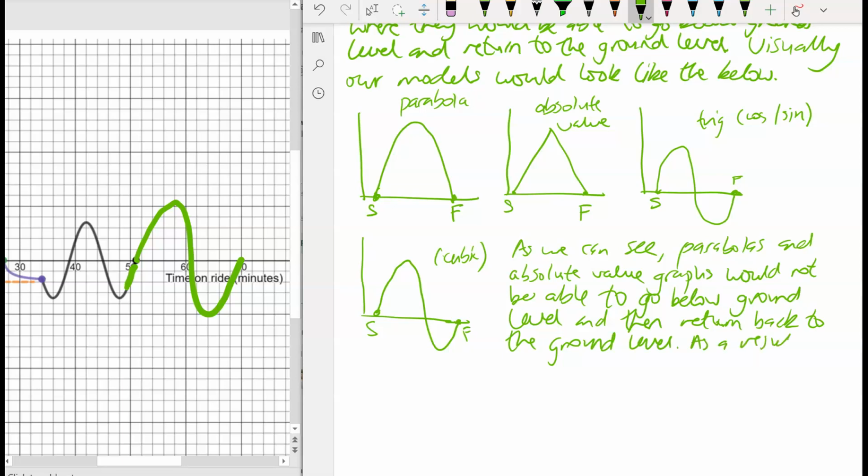As a result, they would not be an appropriate model. Okay, so we've now eliminated the parabola and absolute values.